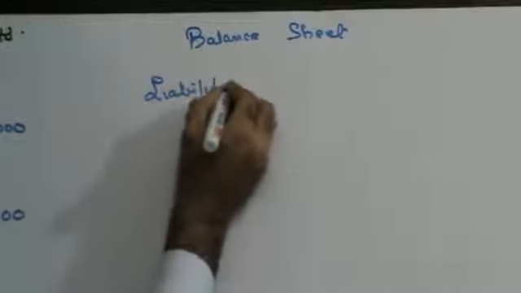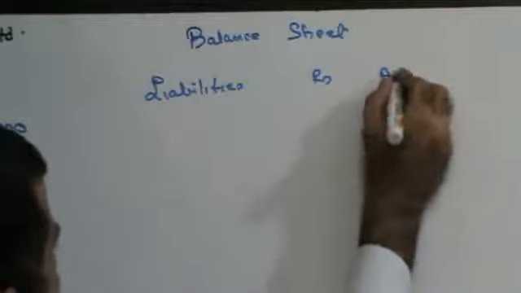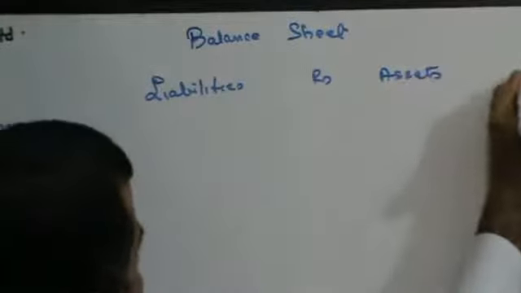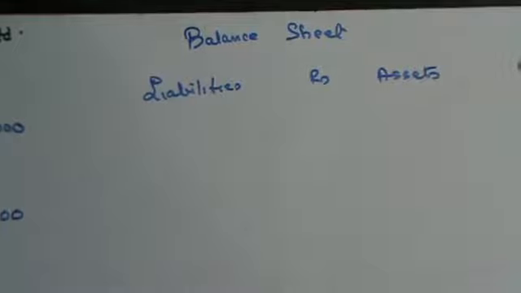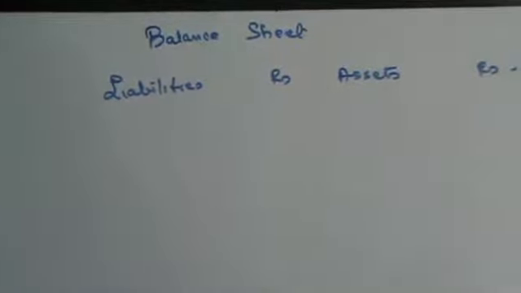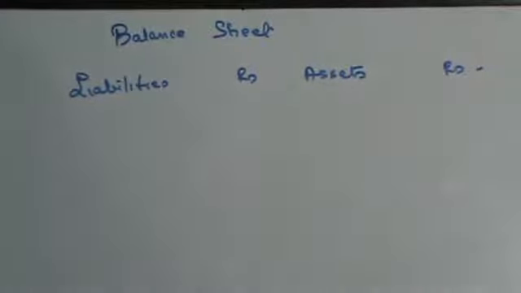Liabilities, rupees, assets, rupees. Right? Now, you have to look at your old balance sheet and make the new balance sheet. I hope you all remember the rule for making balance sheet.